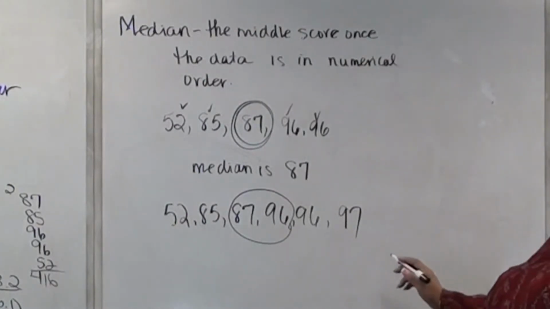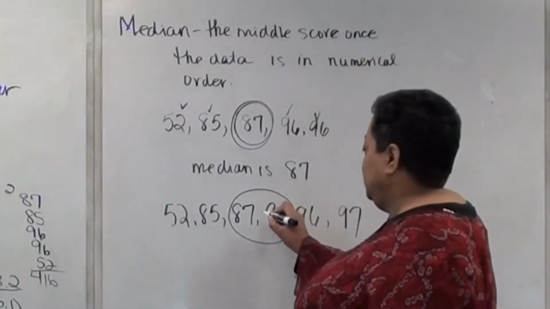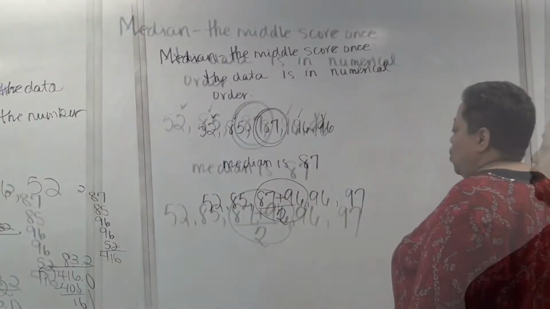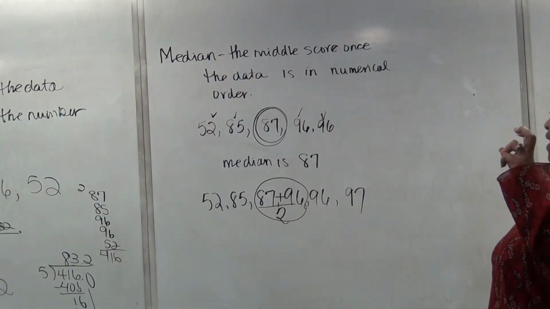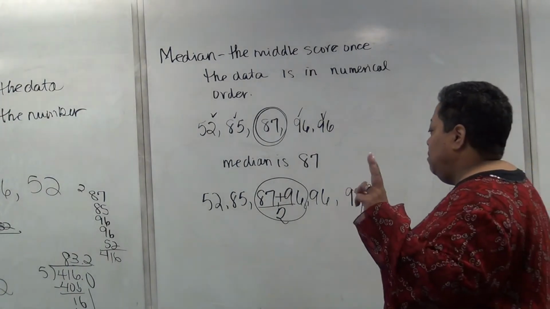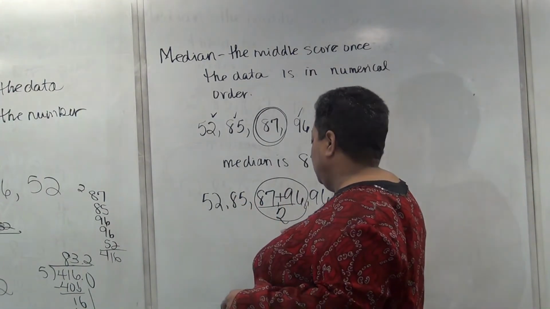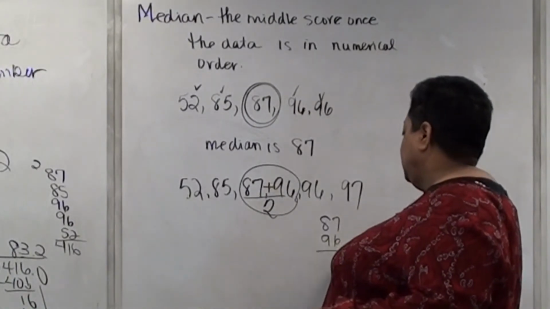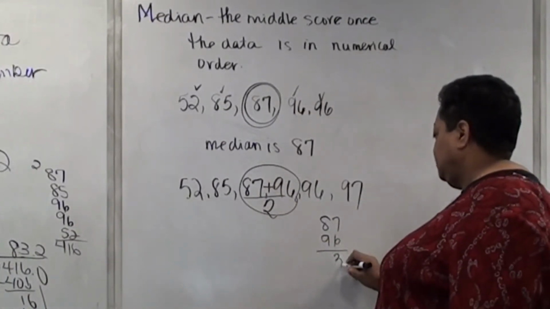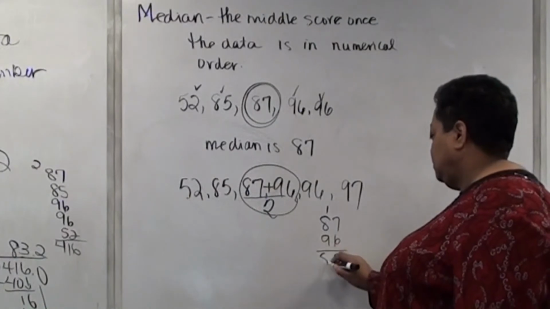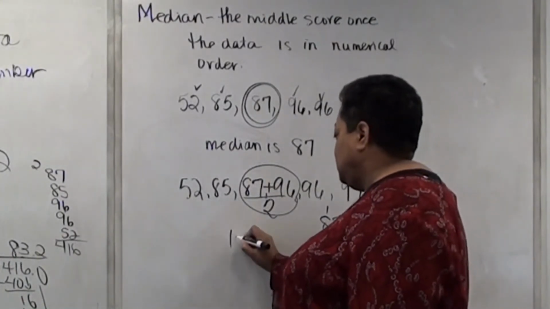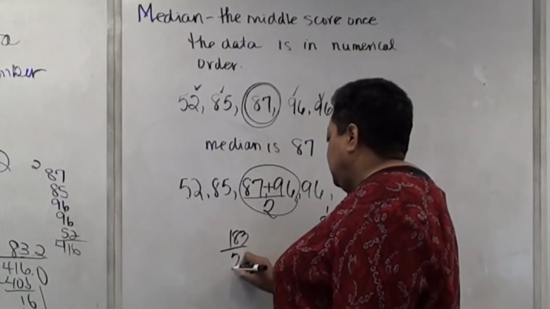When you have an even set of data, you have to find the average of the middle scores. You have to add up the two middle numbers and divide by 2. So we have to add up 87 and 96. And then divide that number by 2. We have to say 183 divided by 2.